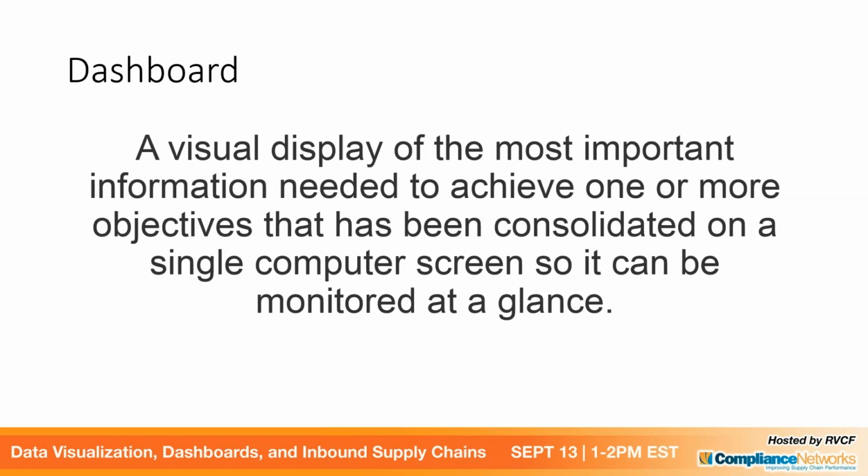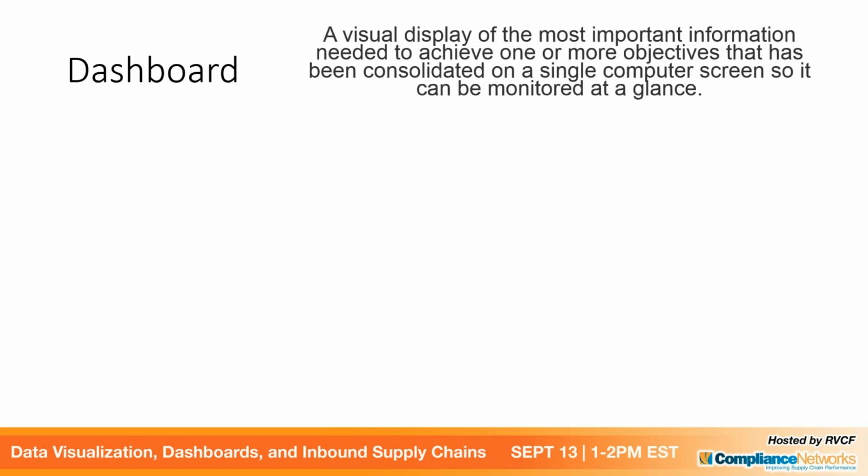So a dashboard, and this is a design criteria that we have adopted from the author Stephen Few, is a visual display of the most important information needed to achieve one or more objectives that has been consolidated on a single computer screen so it can be monitored at a glance. And that is easy to read, but it's much more difficult to accomplish. But we'll see how we can do that as we move along.